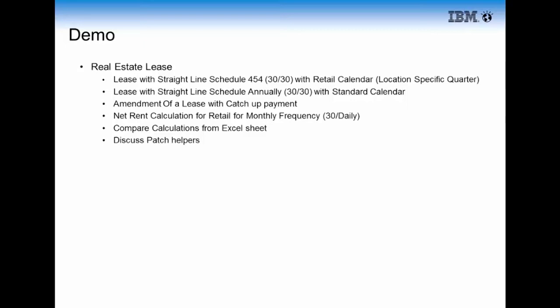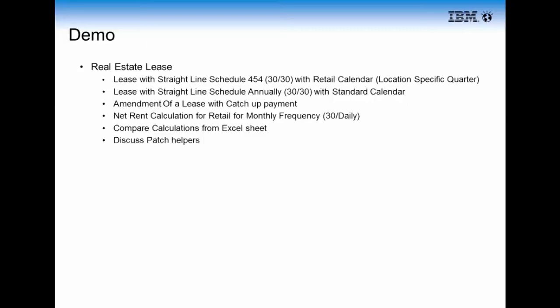The third bullet also explains the amendment of a lease with a catch-up payment. That is basically for these two leases that I'm going to demonstrate. There will be an amendment, and I'll show with a catch-up amount what it means while demonstrating it.